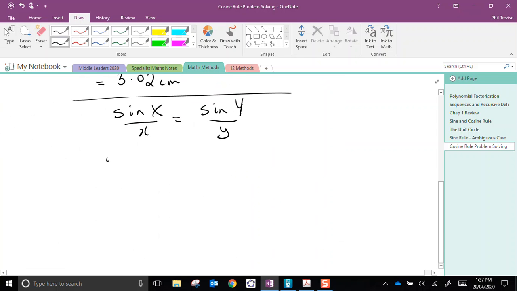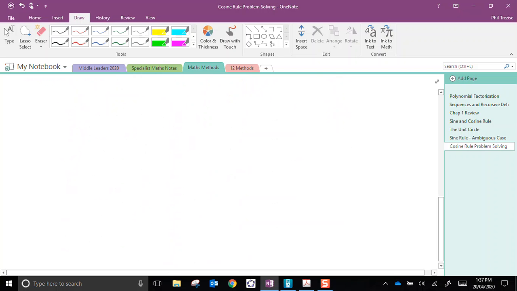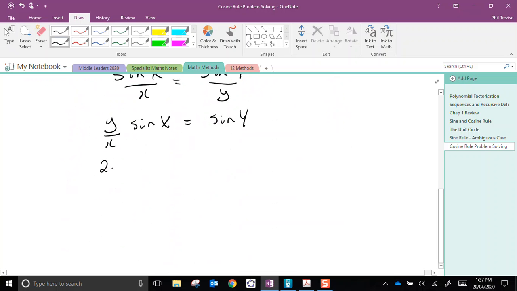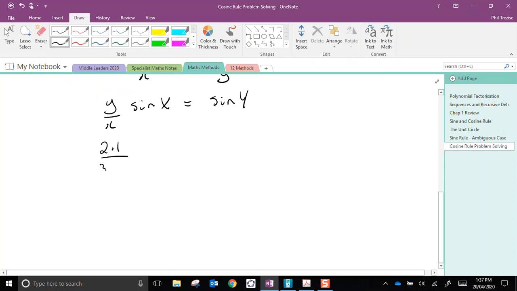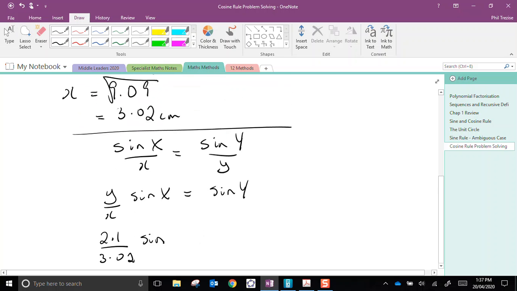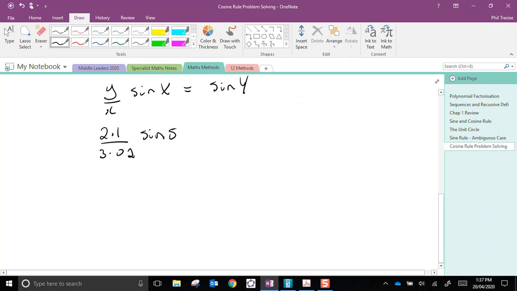So let's see what we get. I would have y over x by the sine of angle x equals sine y. Now y equaled 2.1, x was our previous answer, 3.02. The angle at vertex x was 50 degrees, so that's the sine of 50 degrees equals the sine of y.